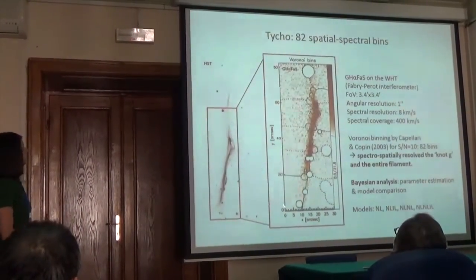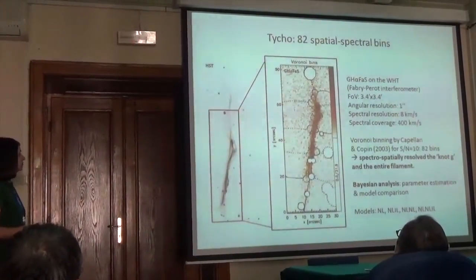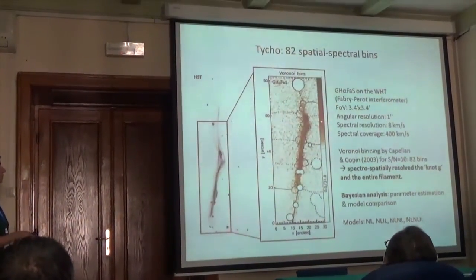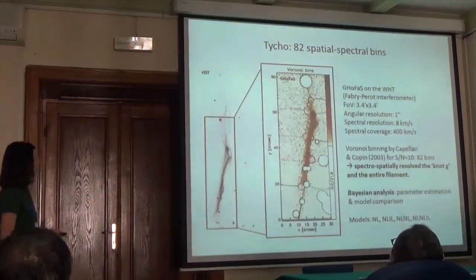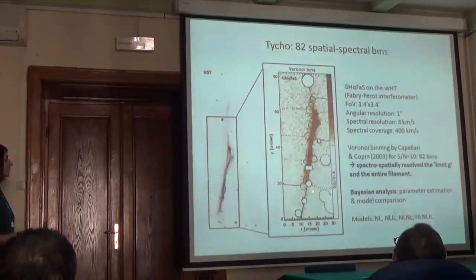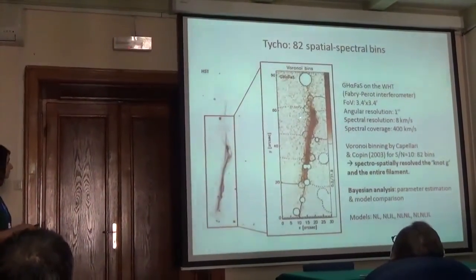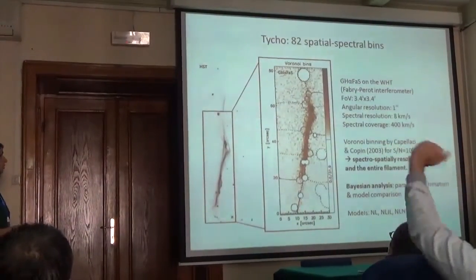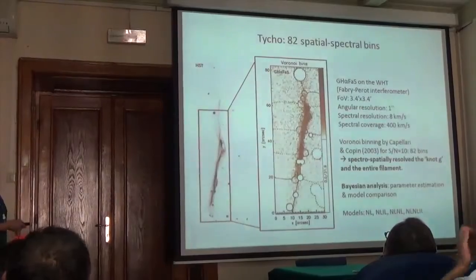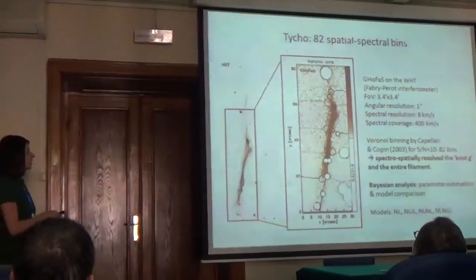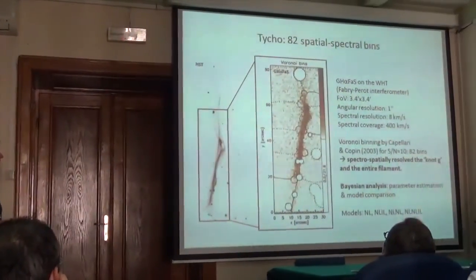So you can see our data here, the filament itself, and according to signal to noise, we require at least 10. So we made 82 bins. For the first time, we spectro-spatially resolve not only knot G, but the entire filament.